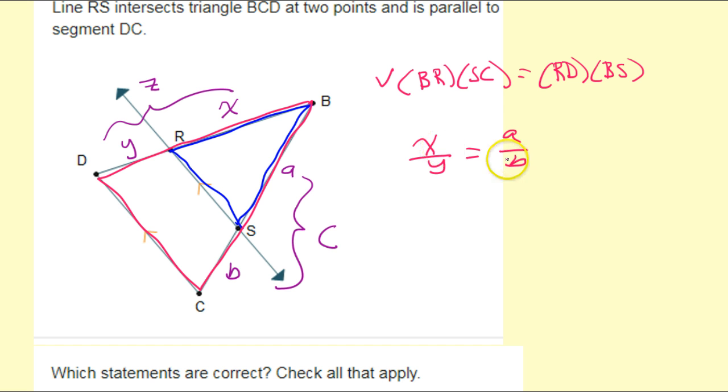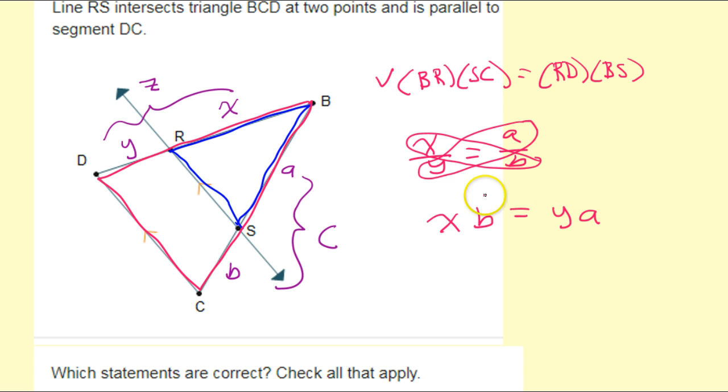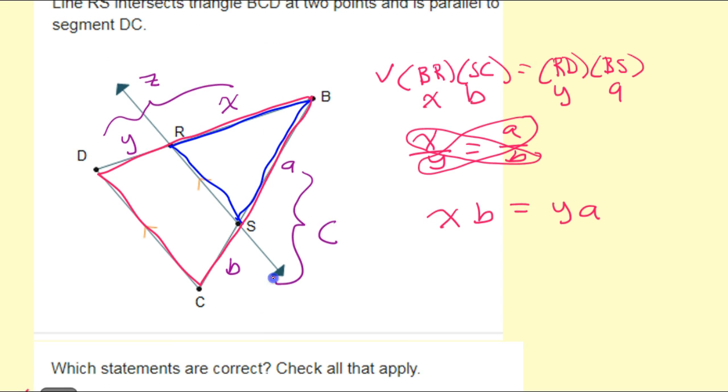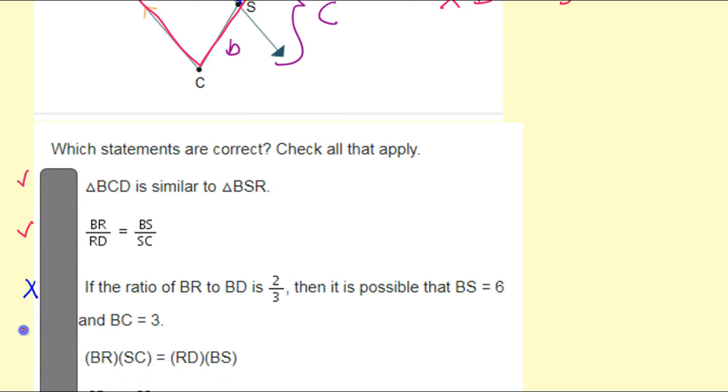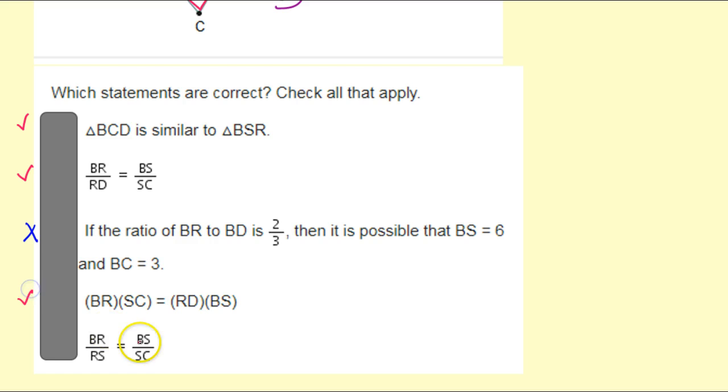If we cross multiply, we wind up multiplying x times b and y times a. So that would give us xb is equal to ya. And that's what this is. xb is equal to ya. So this is definitely true. Okay, so we'll check that one off.